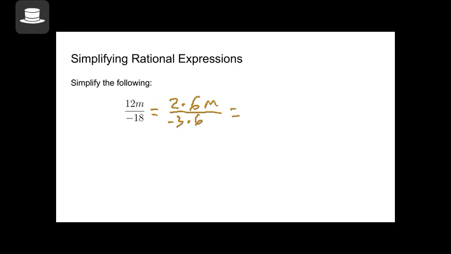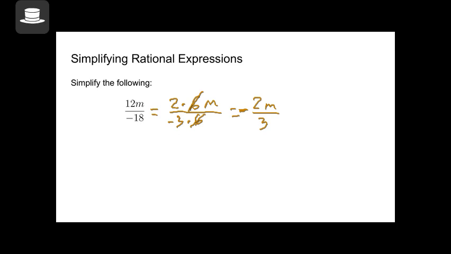Alright, and people do not like to say cancel, but 6 divided by 6 is just 1. So I can cross those out, and that leaves me with 2m over 3, and that's negative. So that would be 12m divided by negative 18 in its simplest form.